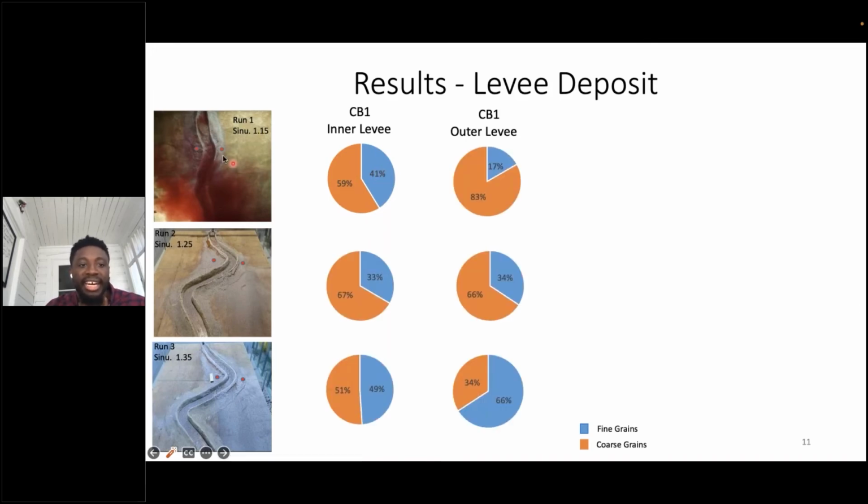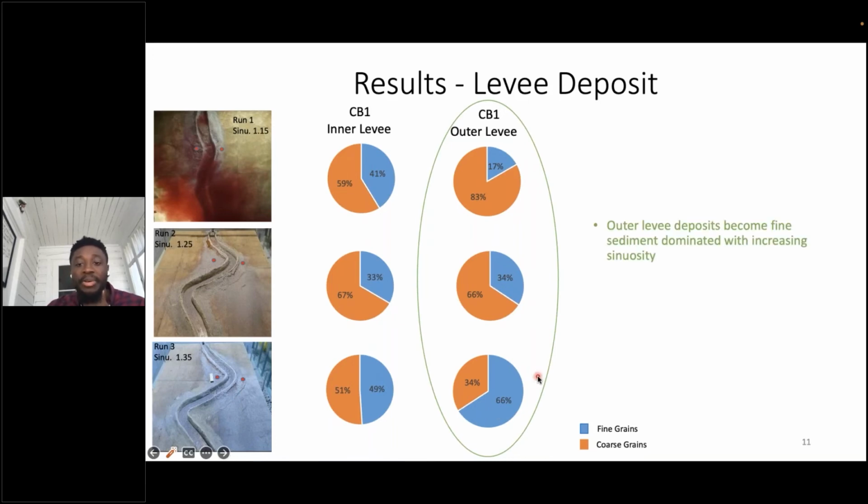At the outer levee, coarse sediments dominate, and we have very little fine sediment deposited. But as sinuosity increases, the trend changes, and there's an increase in fine-grained sediments being deposited, which corresponds to what we see from the channel fill deposit. So with that, we can say outer levee deposits become fine sediment dominated with increasing sinuosity.